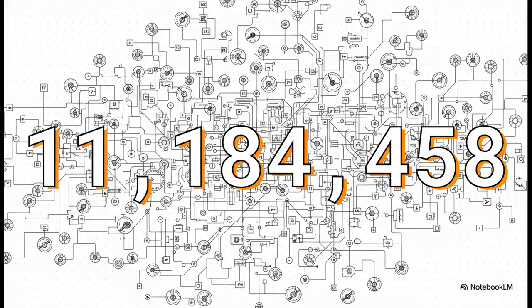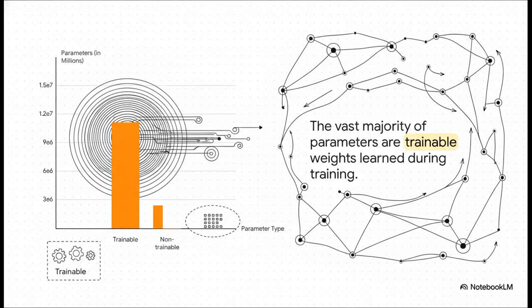That's the power of modular design. And if we break that number down, you can see the overwhelming majority of those parameters are trainable. Those are the weights inside the convolutions that the network learns through backpropagation. And that tiny little sliver of non-trainable ones, all 9,600 of them, well, those come from the batch normalization layers. They just keep track of stats about the data. They aren't learned in quite the same way.